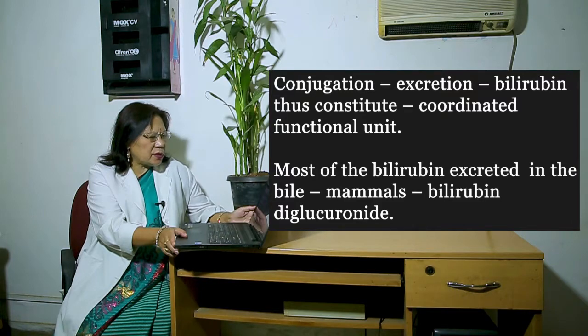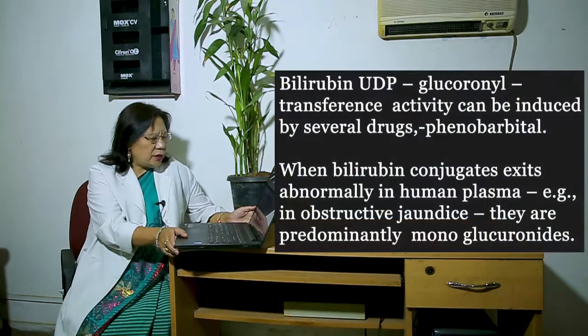Most of the bilirubin excreted in the bile in mammals is in the form of bilirubin diglucuronide. Bilirubin UDP glucuronyl transferase activity can be induced by several drugs, for example, phenobarbital. When bilirubin conjugates exist abnormally in human plasma, for example in obstructive jaundice, they are predominantly monoglucuronides.